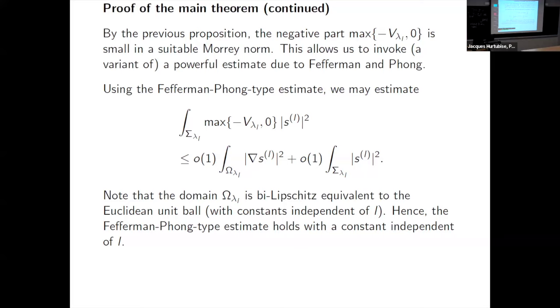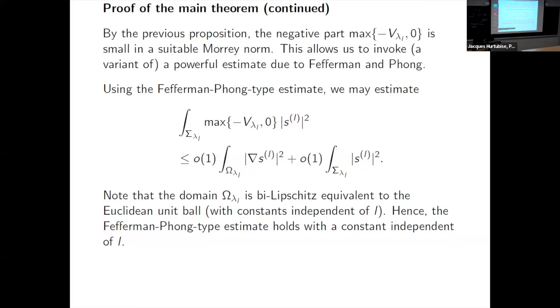Now, there are a couple of caveats in applying this formula. So first of all, Fefferman and Phong looked at this estimate on all of R^n, or on a half space. And so here, you need a boundary version of the estimate, where you have a potential that lives on the boundary of a domain, whereas in their case, they have a potential that lives in the interior of a domain. But it turns out that this doesn't make a huge difference, and the argument can be adapted.